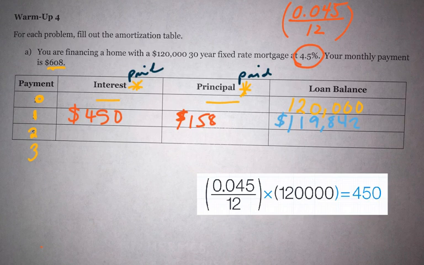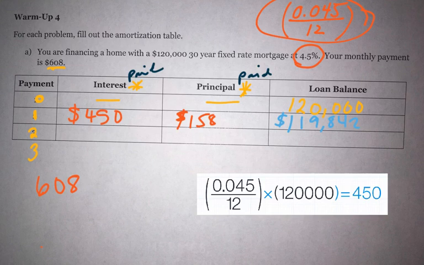So essentially we keep doing this. We're going to keep having a monthly payment of $608, but we're going to find the interest not on the original loan balance, but the interest on the remaining loan balance. So instead of using $120,000, we're going to take our interest rate and multiply it by our new loan balance.